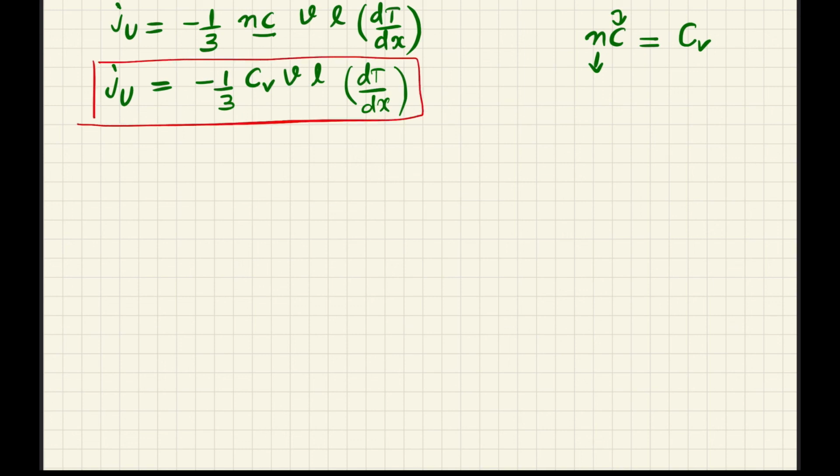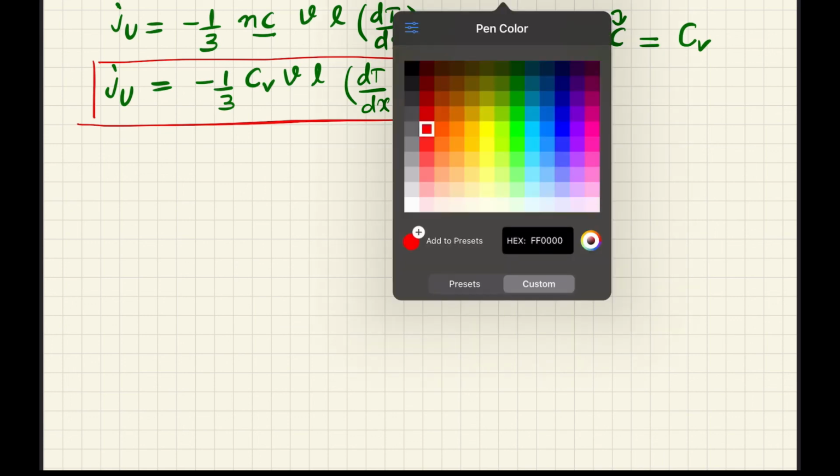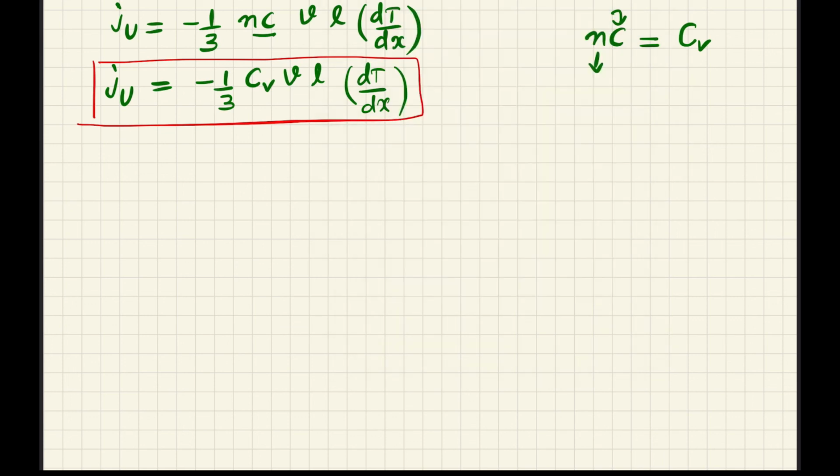Then you can compare this expression with the previous expression. According to the definition, J mu is proportional to dT/dx, the temperature gradient, and the proportionality constant is called the coefficient of thermal conductivity.